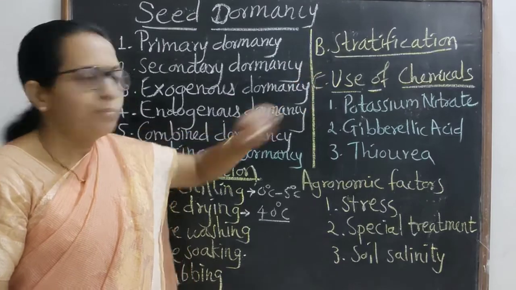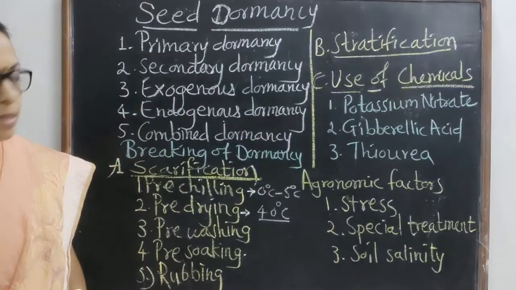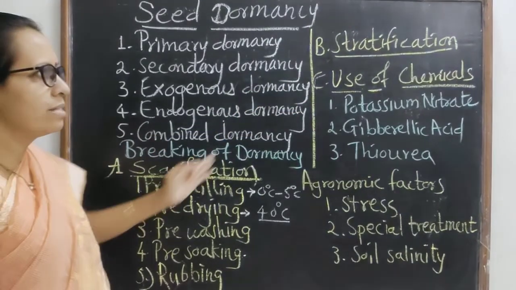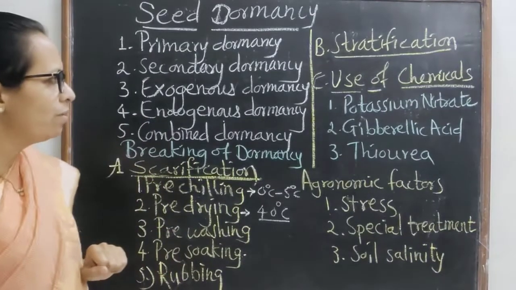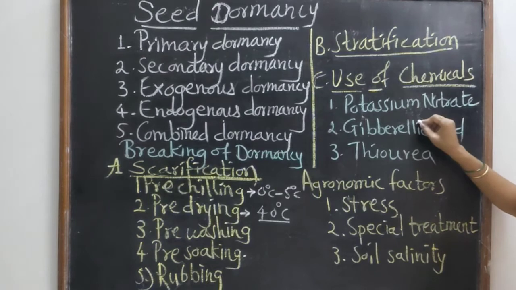Last method, that is use of some chemicals. Here, when any of the treatments is of no use, we can go for use of chemicals. So here we will see what these chemicals are.